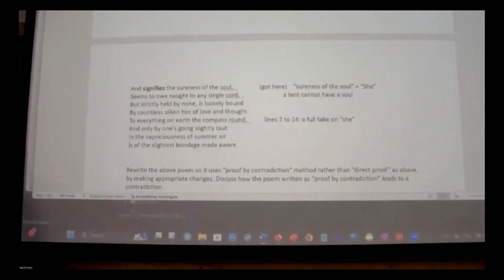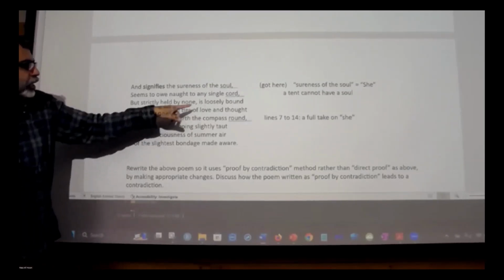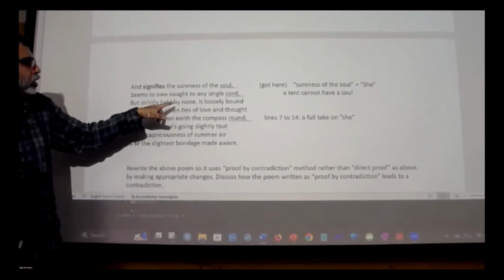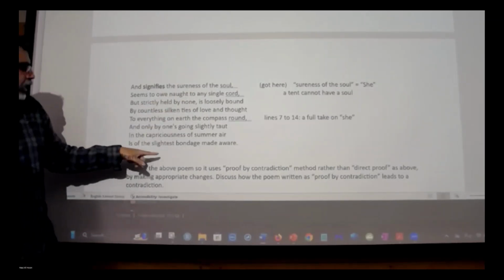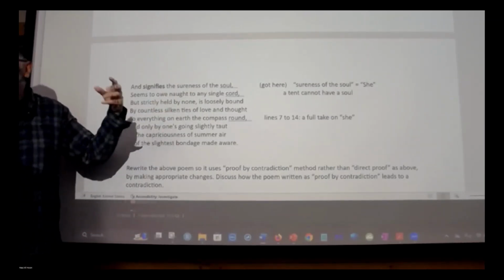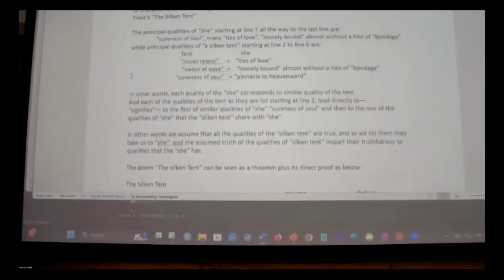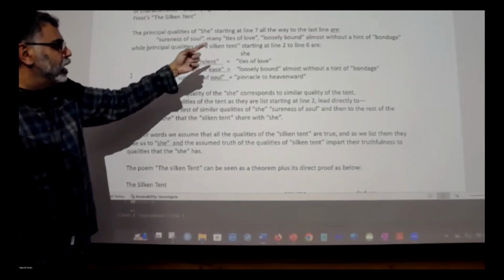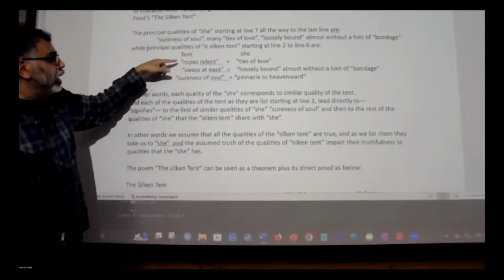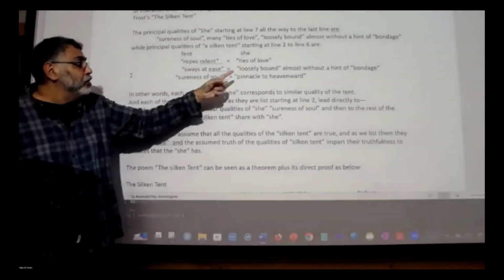So if you look at the poem, line 7 is right here. I took the sureness of the soul, ties of love, and the bondage business, and I said these are the main qualities. And then the principal qualities of the silken tent are at the beginning of the poem, and those are ropes, relent, and I equated that with ties of love.